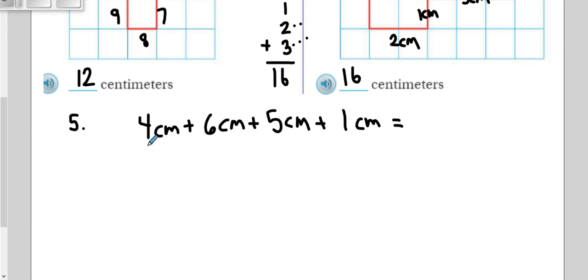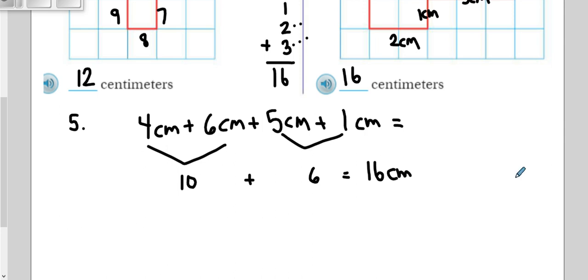Right here, 4 and 6, that gives me 10. And I can look right here and say, oh, 5 and 1, that gives me 6. So I'm looking at 16 centimeters for number 5.